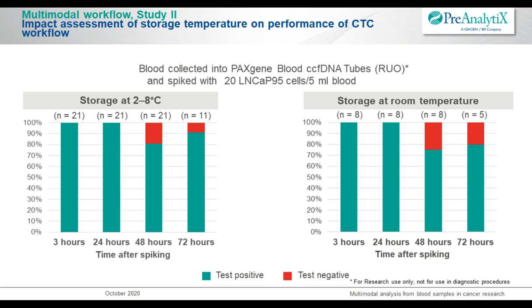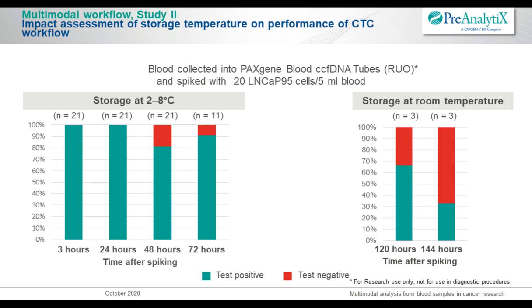This is true for cool storage as well as room temperature storage, but for cool storage we see a slightly higher number of samples which were positive for the CTCs, so which we can use. So we decided that we should use storage in the fridge if we want longer storage. In the next step we looked into longer time course experiments, up to 144 hours, to see what happens there.